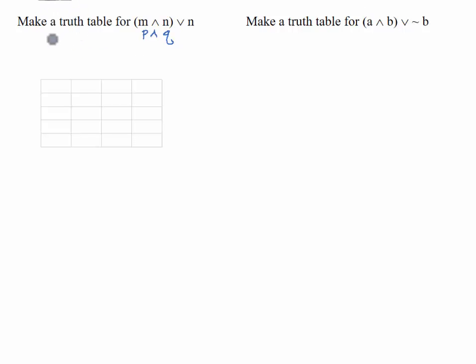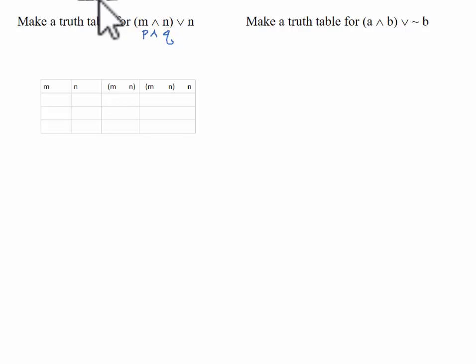So let me put a table here for us to get started on. I'm going to make one column for M, one column for N, and one row for M and N. I thought maybe it would work better if I type it so I could have more space, because it wasn't letting me draw in more space.